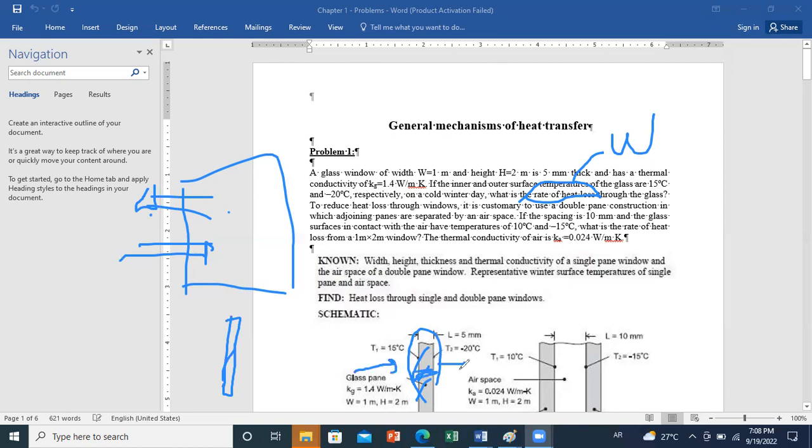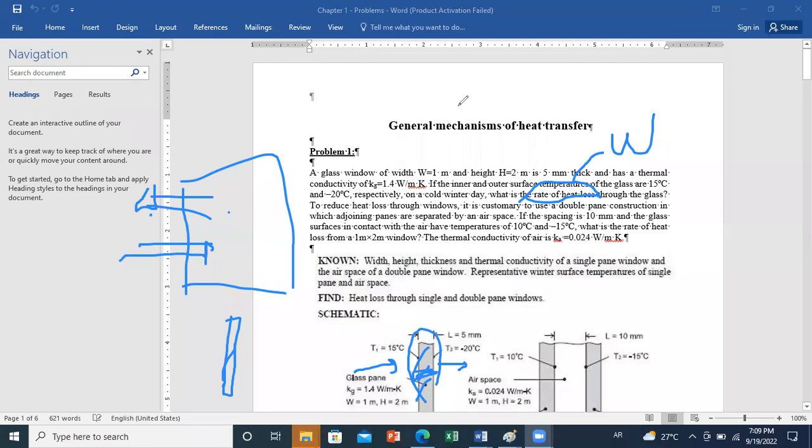What is the formula of the conductive flux? Which formula should I use here? Yeah, the flux is minus K dT by dx.